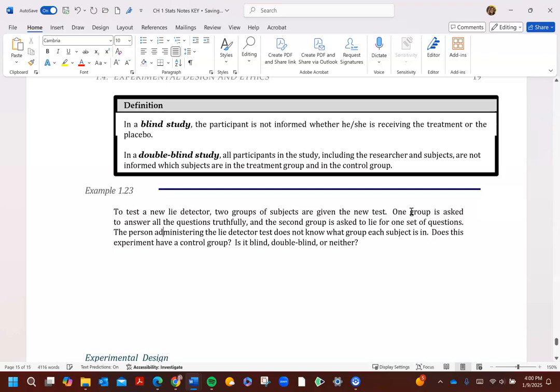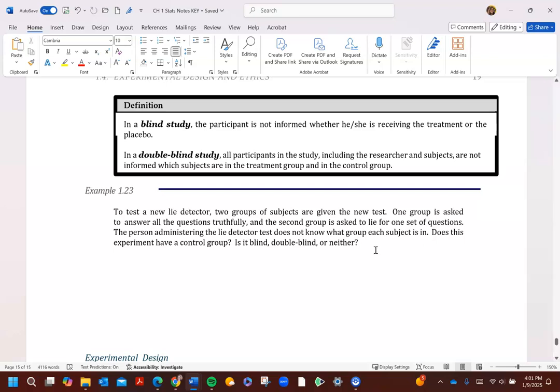we have 2 groups. One is asked to answer truthfully, second is asked to lie for one set of questions. This makes me think of a show I've watched recently, Poker Face. It's really good. She can tell when someone's lying. The person administering the lie detector test does not know what group each subject is in.